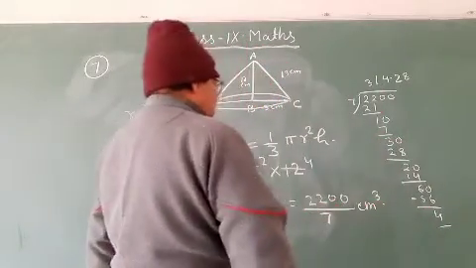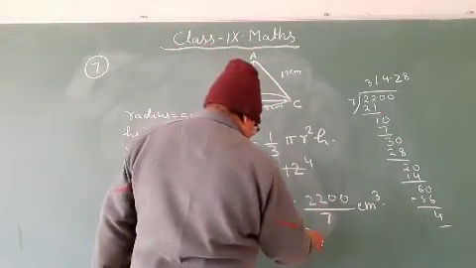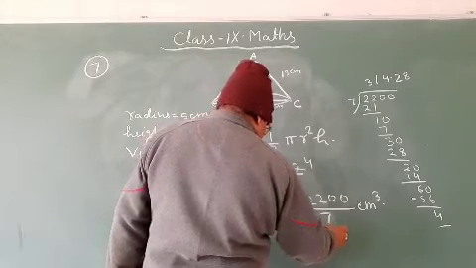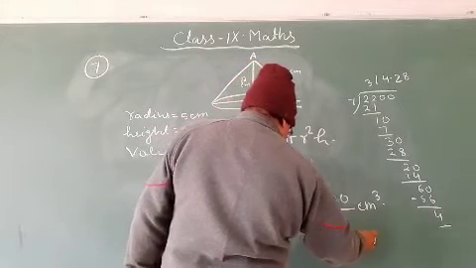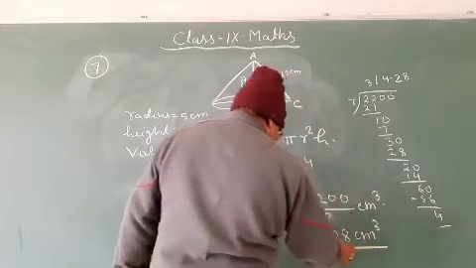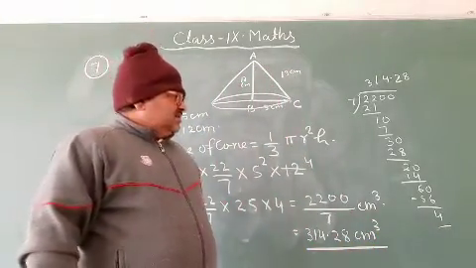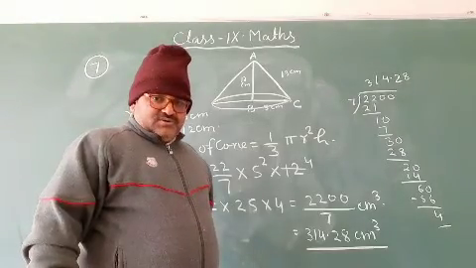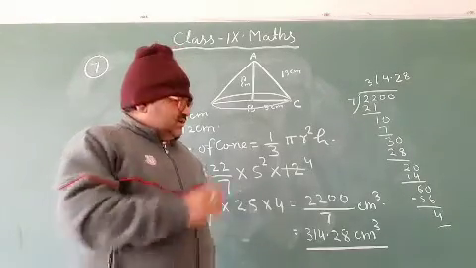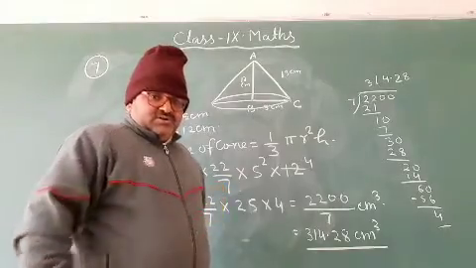So 314.28 centimeter cube is the volume of a right circular cone.